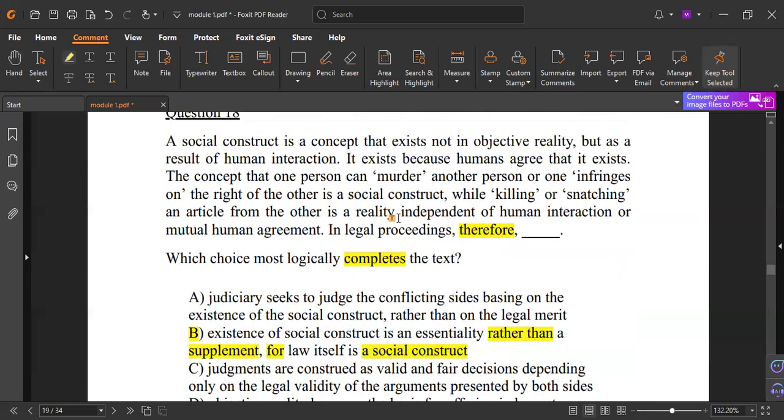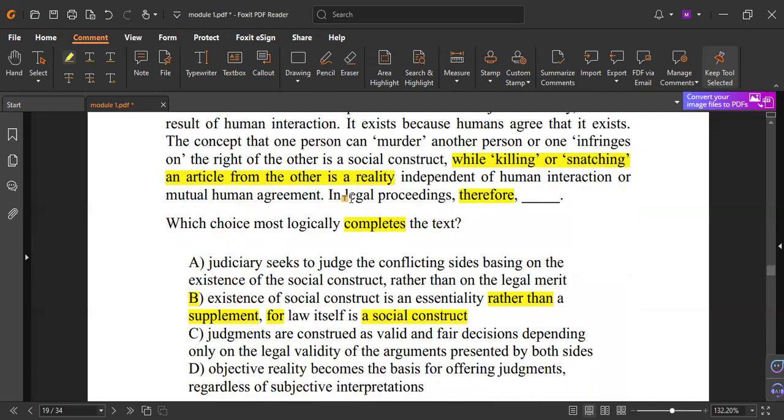In legal issues, we need something that already happened, already reality, not guessing. As he mentioned here, killing or snatching an article is a reality independent, not only human interaction or mutual human agreement. If people agree or not, it's a reality or not.